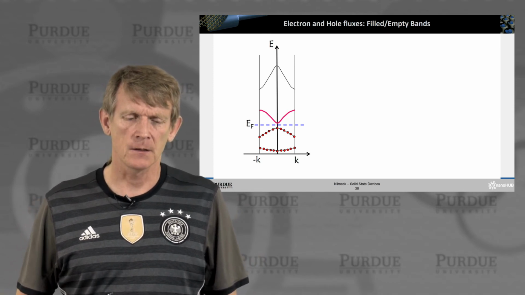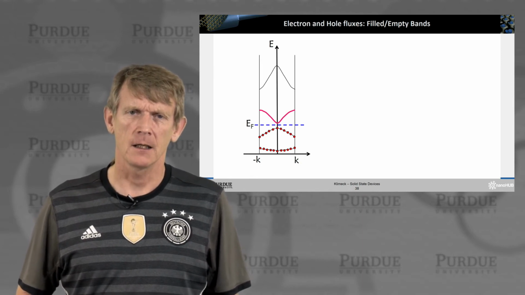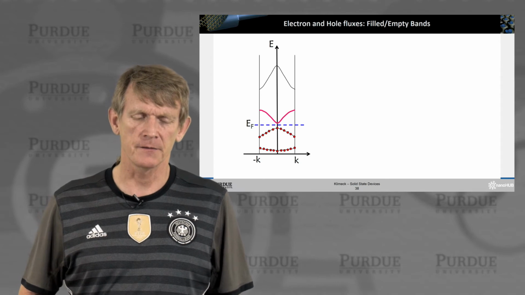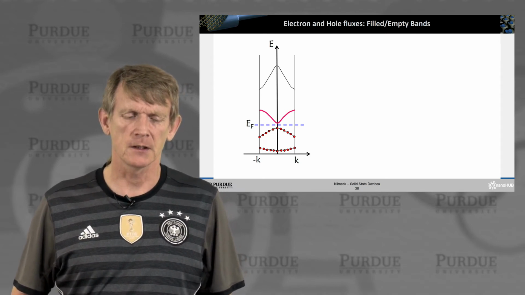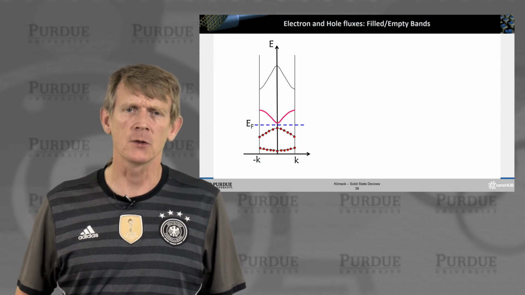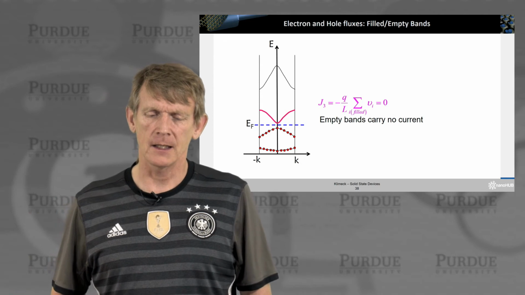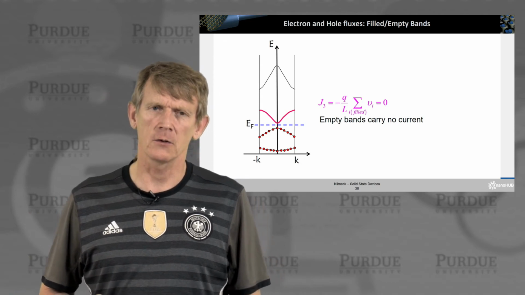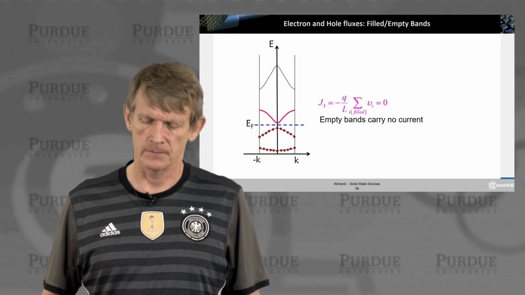Let's consider this band structure as shown here on the graph. There are electrons that are filling all the states below the Fermi level, and we consider the bands that are above, but there are no electrons in them. If you don't have electrons in the band, then you don't have current, because there are no carriers that could carry the current.